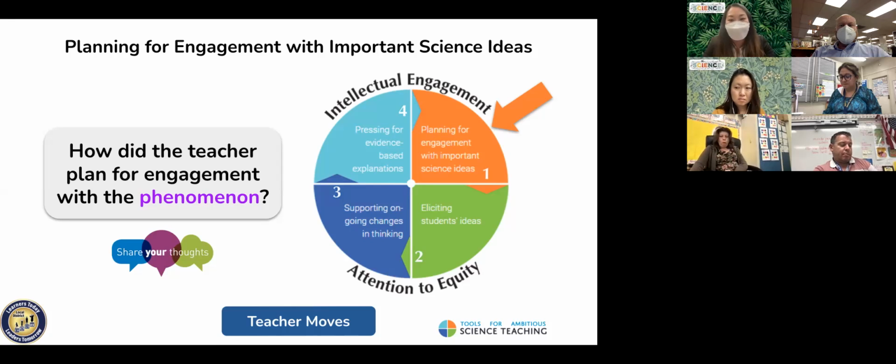And as teachers, we really have to plan for that engagement from the very beginning, have an idea of what my students are going to do throughout this whole unit, and how are they going to really learn and solve what's happening. So it's not something that we just do at the very beginning and that's it, but it's constantly happening all throughout. So we'll watch the next video clip.